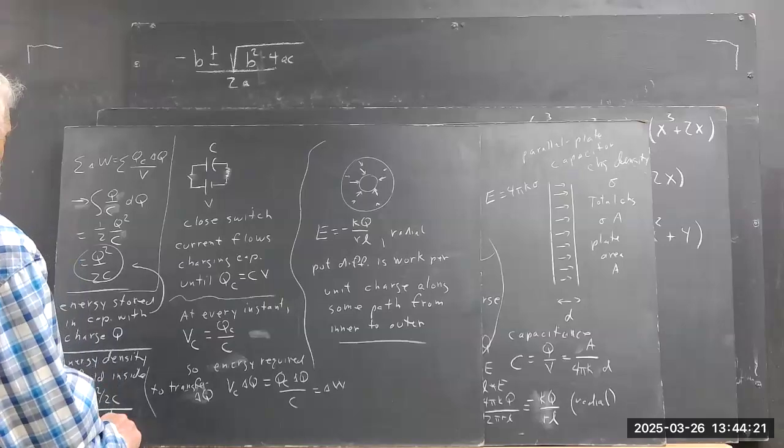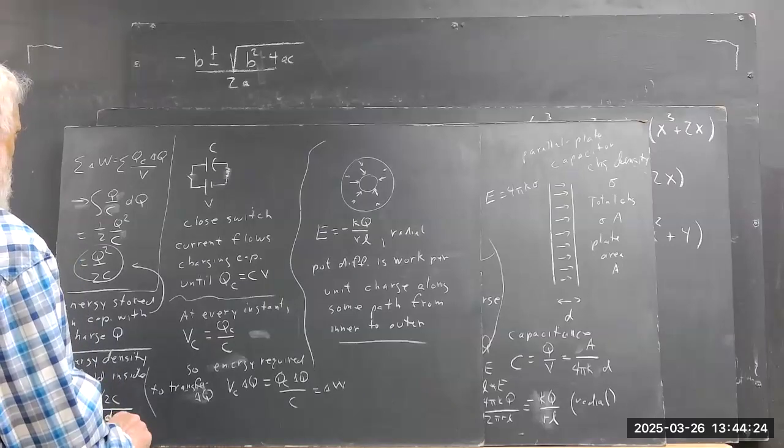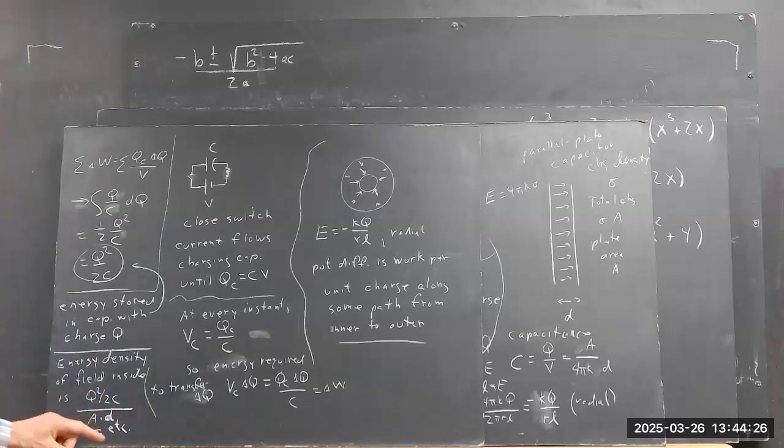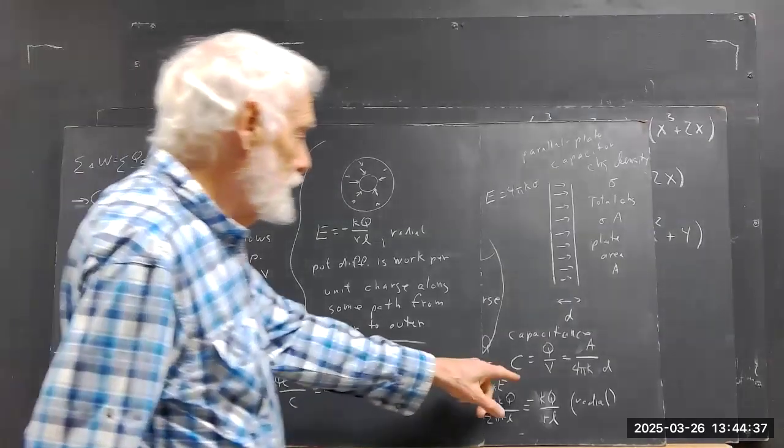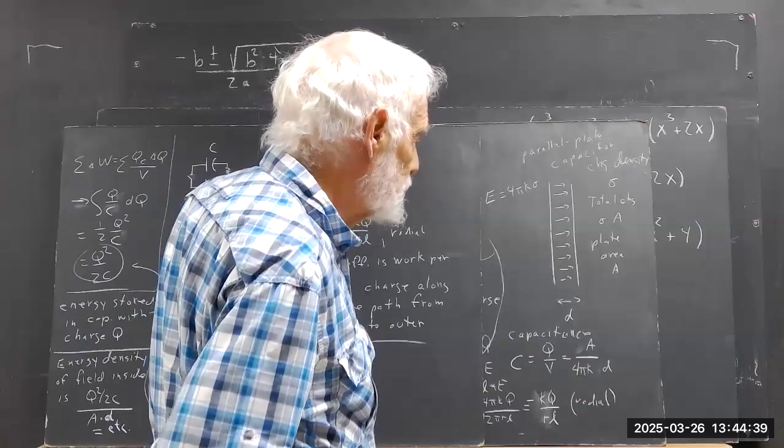We're getting short on time, so I'm just going to say we've done the hard work here. I'm just going to say this equals, etc. You can fill in the etc. by simply using the expression we have for the capacitance.